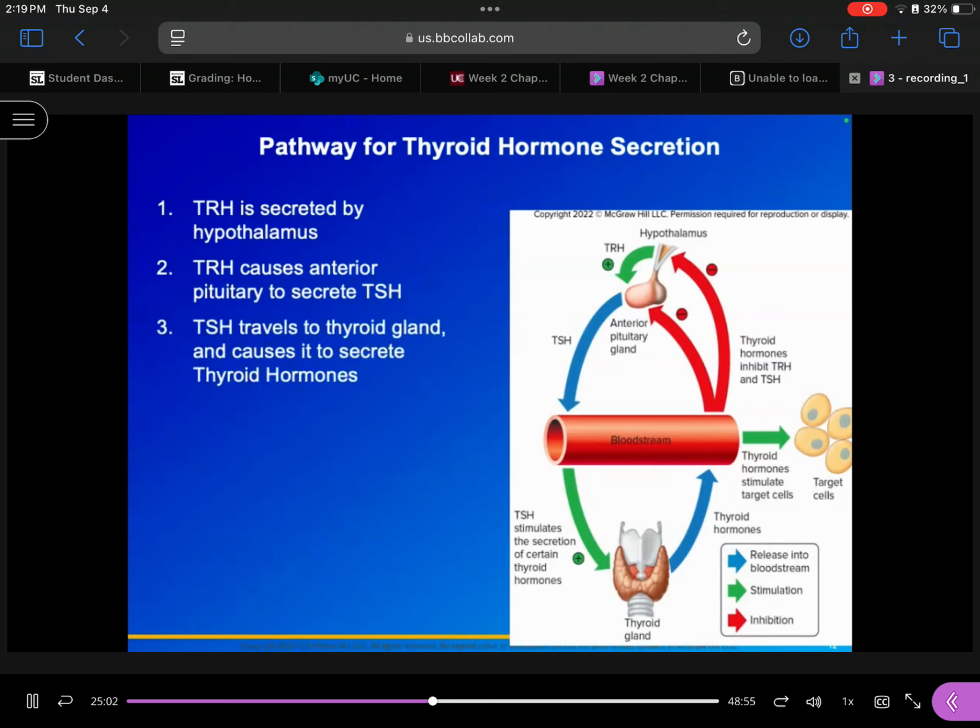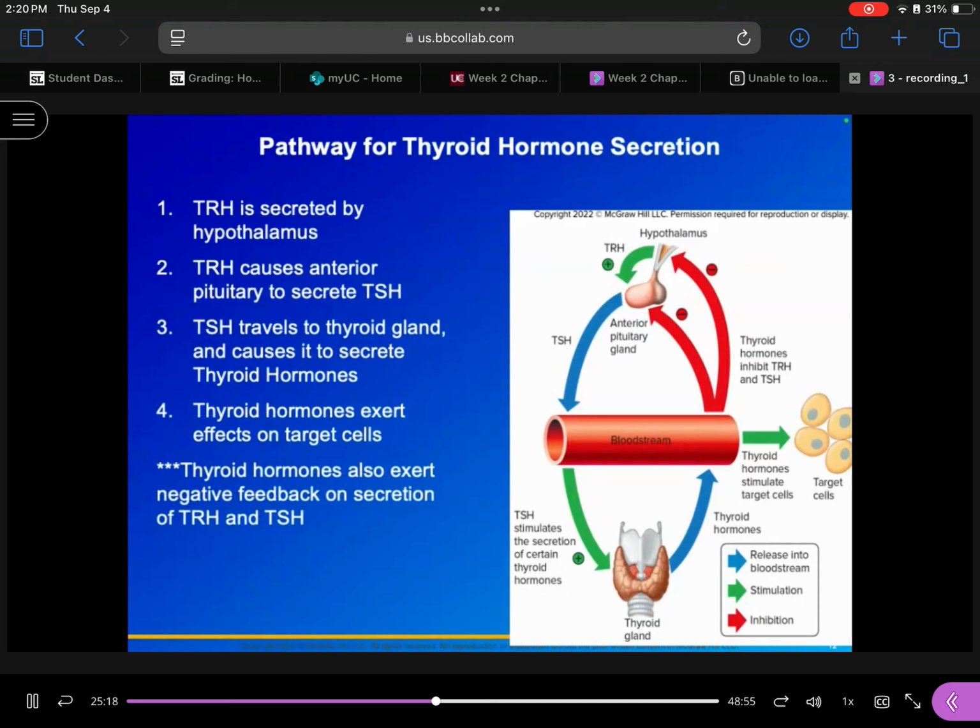All right. So TSH is going to travel. How's it going to travel? Through the what? Very good. Through the bloodstream. And it's going to bind to its target on the thyroid, and it's going to cause the thyroid to secrete hormones. All right, so it exerts its effects on its target cells dealing with metabolism. But if you think about it, and you can see this chart, this is another really great example of a negative feedback mechanism.